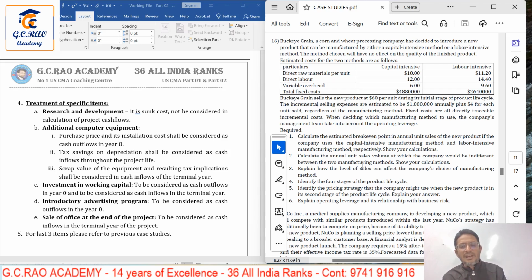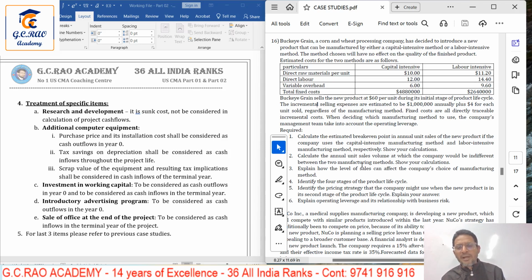Fixed costs are all directly traceable. Incremental fixed cost is relevant or not relevant? Relevant. When deciding which manufacturing method to use, the company management team takes into account the operating leverage.